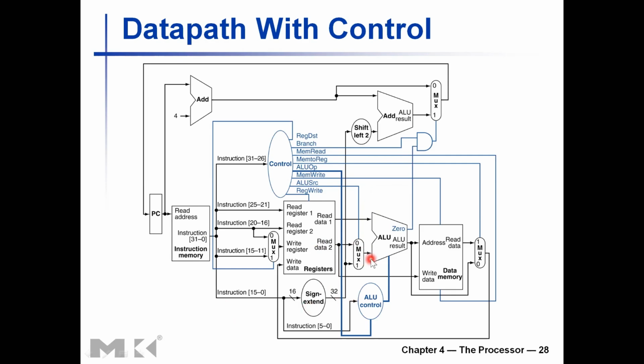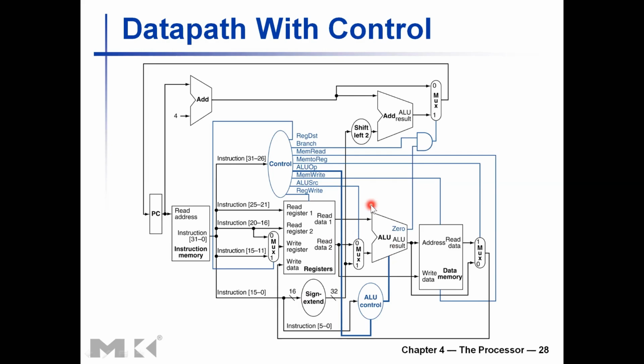So selecting between those two is what that ALU source signal is for. If you have a 0 on that signal, you're taking the register file's operand into the ALU second input. If the value is 1, you're taking the immediate operand, sign extended, as the ALU second operand. So I hope now you understand the control logic, the idea behind these various control signals.